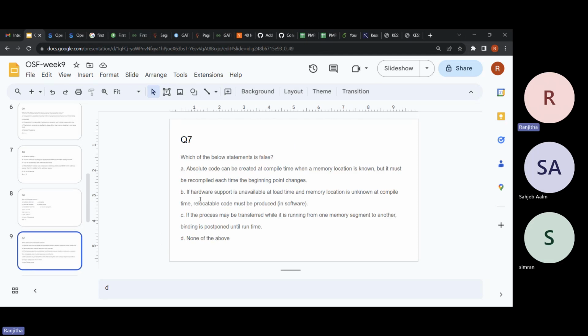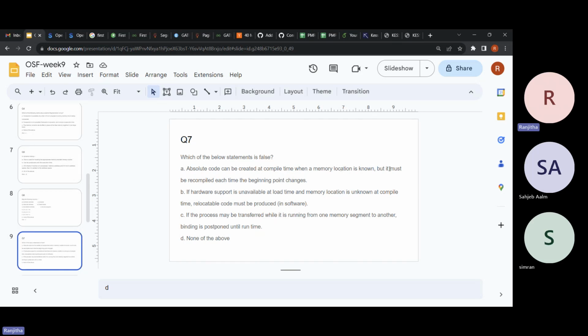Now the next question. Which of the below statements is false? Absolute code can be created at compile time when a memory location is known, but it must be recompiled each time the beginning point changes. Yes, absolute code can be created at compile time if we know where we are going to place the program.